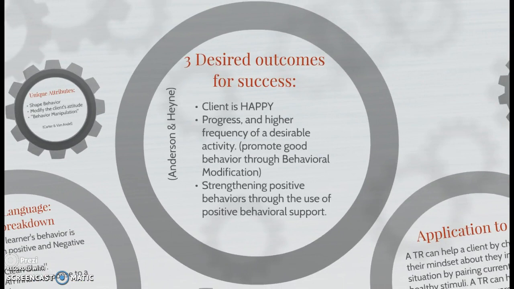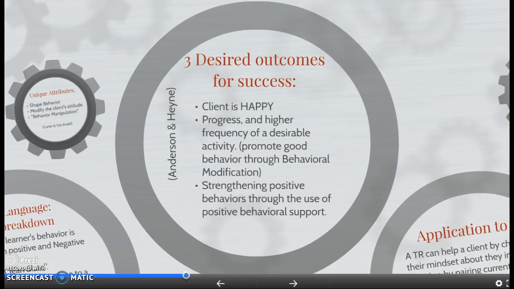Three desired outcomes for success. Like many of these other models and theories, we just want the client to be happy. That's so important. That is a huge desired outcome for success. Along with this model, though, there are two others: progress and a higher frequency of desirable activity.